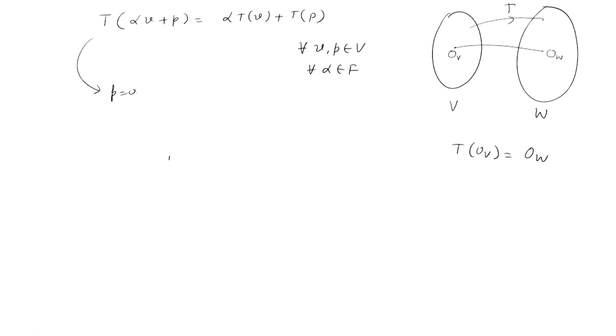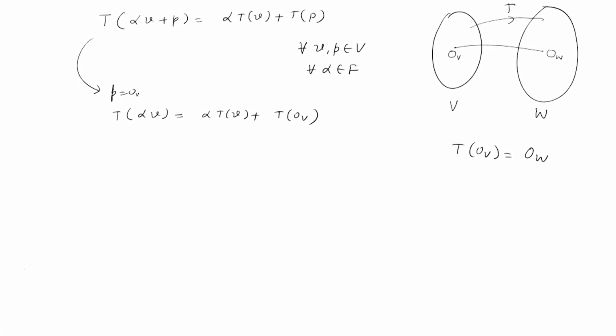So, T of alpha V is equal to alpha times T V plus T of 0 V, because the additive identity plus an element of the vector space is itself, that is why we are having here alpha V.